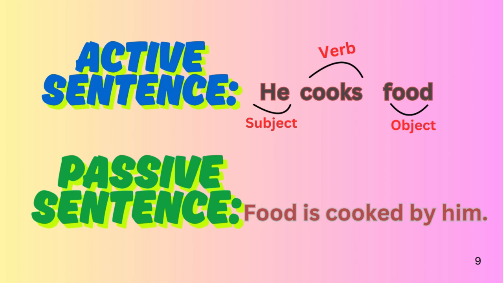How about this example? He cooks food. Of course, he is the subject, cooks is the verb, and food is the object. Yes? How can we turn it? Food is cooked by him is the correct passive sentence.